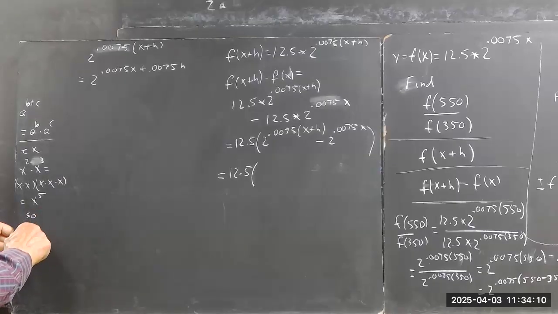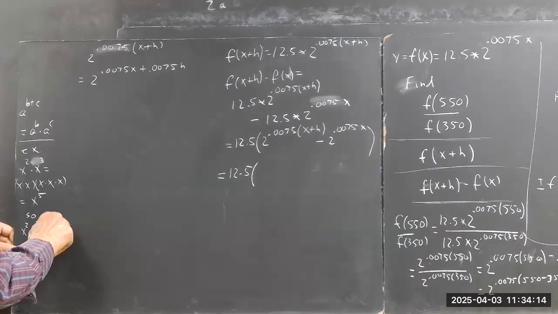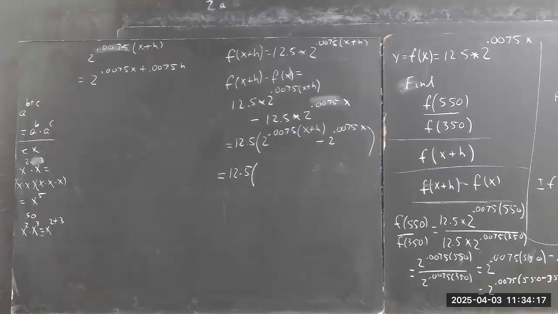So x squared times x cubed equals x to the 2 plus 3, right? Well, that means a to the b plus c equals a to the b times a to the c. This is just an example of this, right?